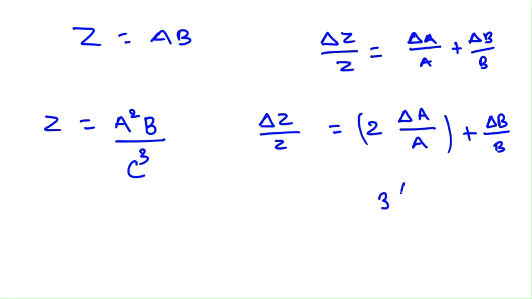So there will be thrice delta C by C. And look, errors will be accumulated only. Errors are always accumulative in nature.